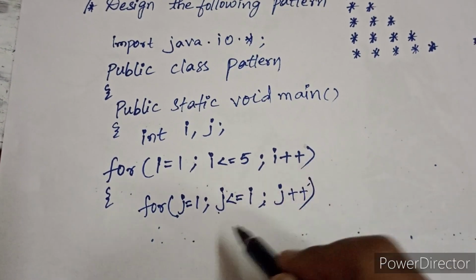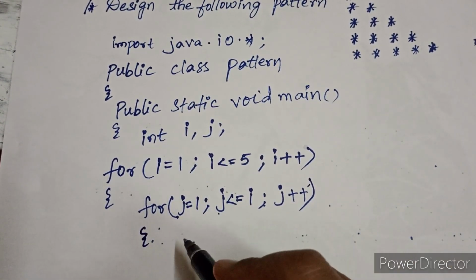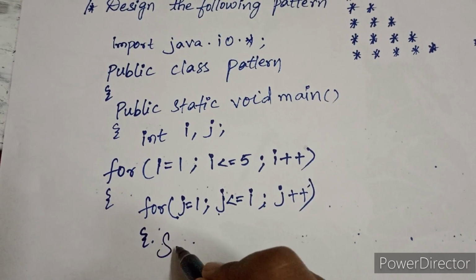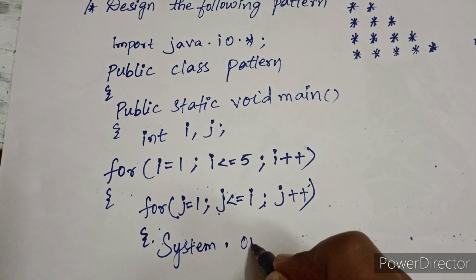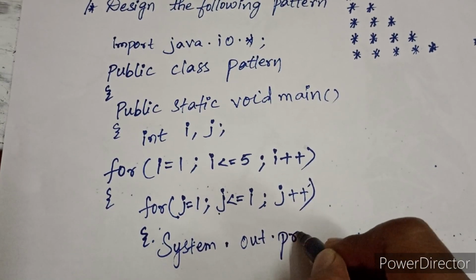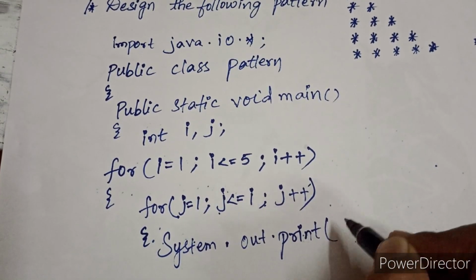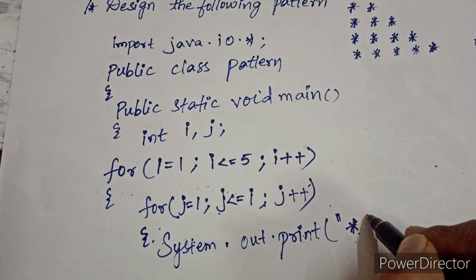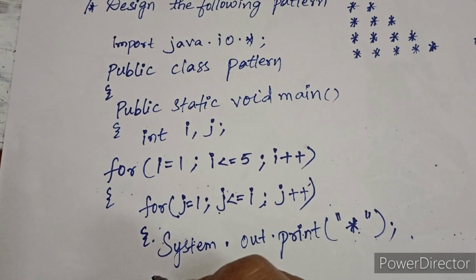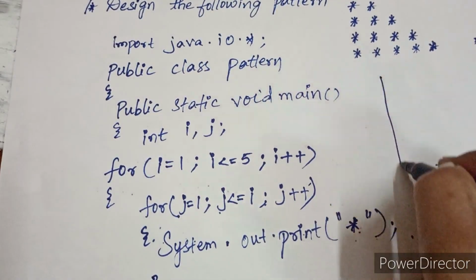After that, open the inner loop. Then I am writing System.out.print of star, because I am displaying the star, it must be enclosed in double quotation marks. Then close my inner loop.